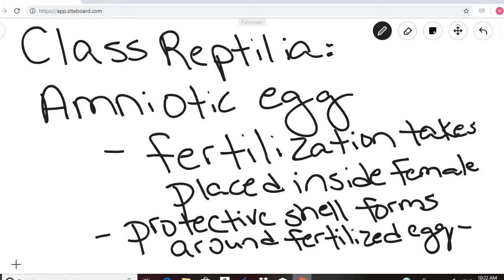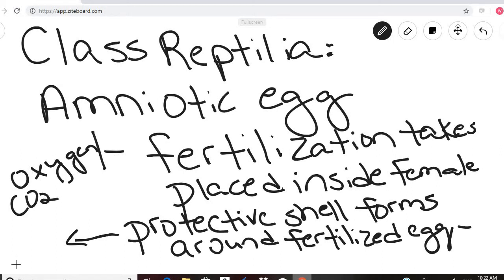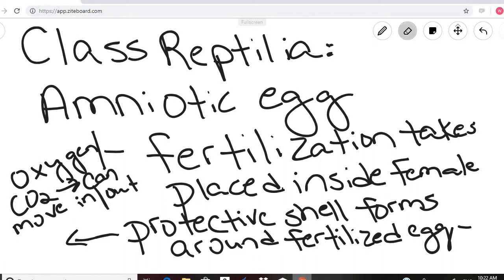So this protective shell around the egg does two things. One is that it allows oxygen and carbon dioxide to get in and out. So oxygen and CO2 can move in and out of the egg, but water cannot.